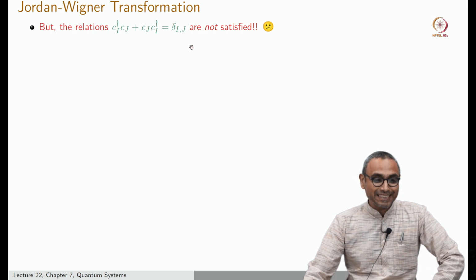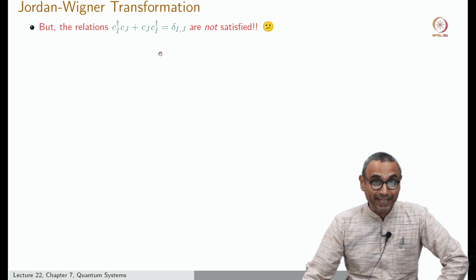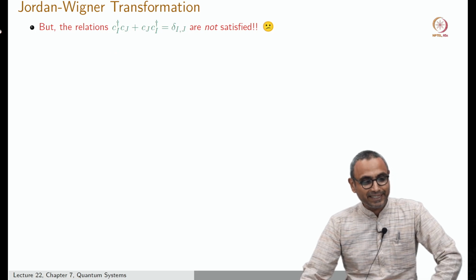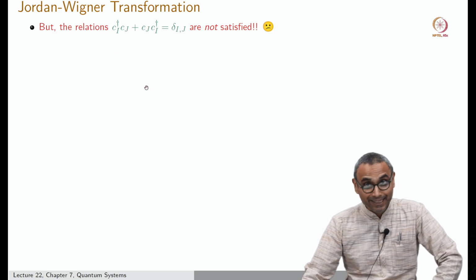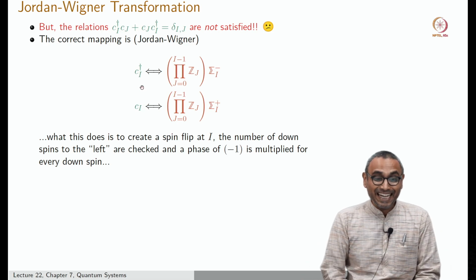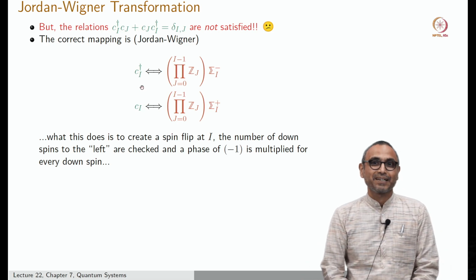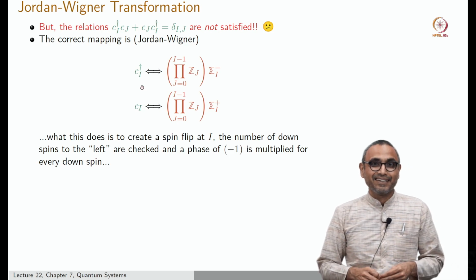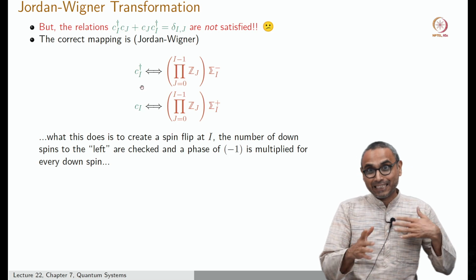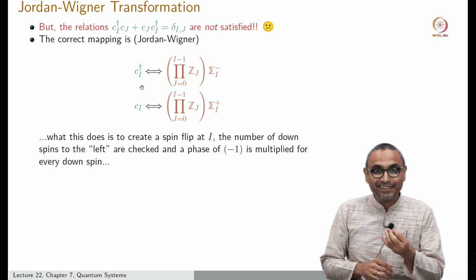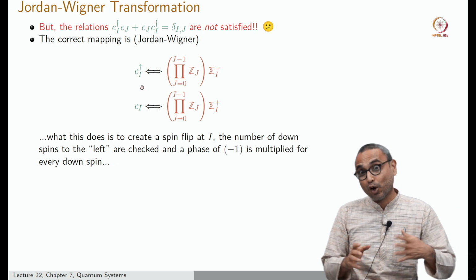This is a question that came up very early in the development of physics. Way back in the late 1920s, Jordan and Wigner actually worked out how to do this. They realized that to create a fermion at site i, and to be able to satisfy all the commutation relationships, I should check how many fermions I have already created.